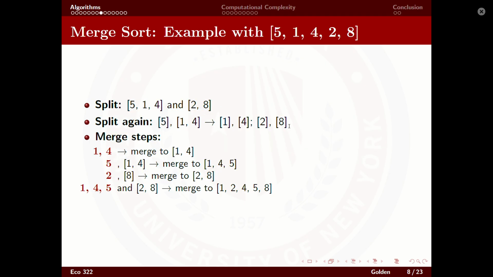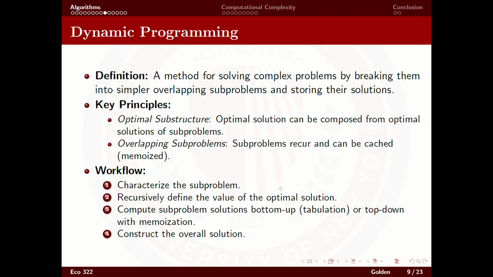You split again, and then now you have 1 and 4, 2 and 8, and then you merge 1 and 4, and then you merge 1, 4, and 5, and then 2 and 8, you merge to 2 and 8, and then now you have 1, 4, 5, and 2 and 8. So now it becomes 1, 2, 4, 5, 8. Here you're doing divide and conquer, so you're splitting it up repeatedly.